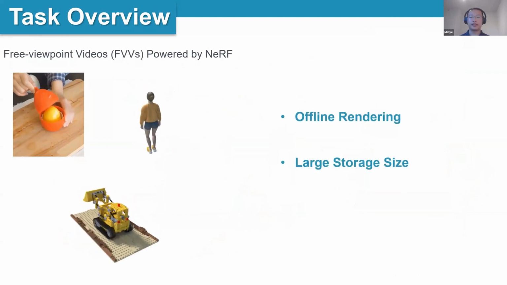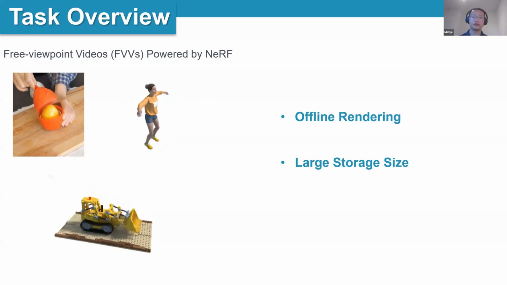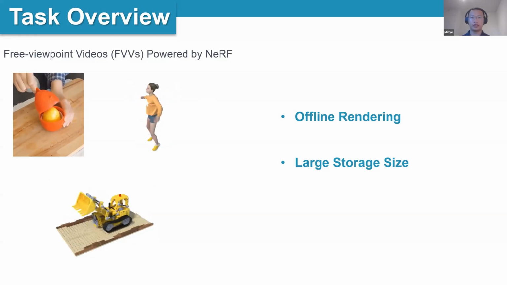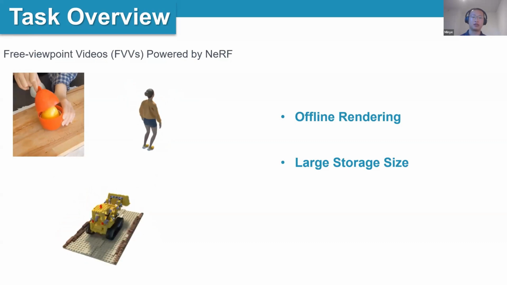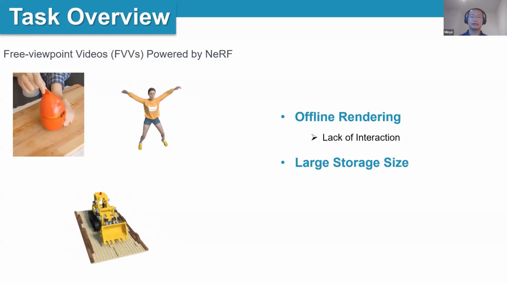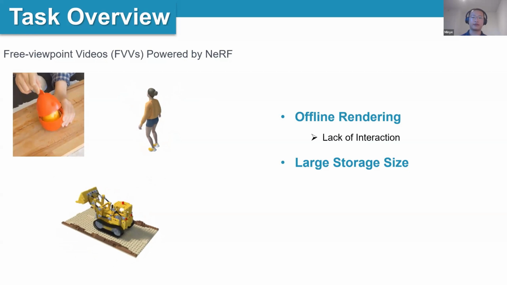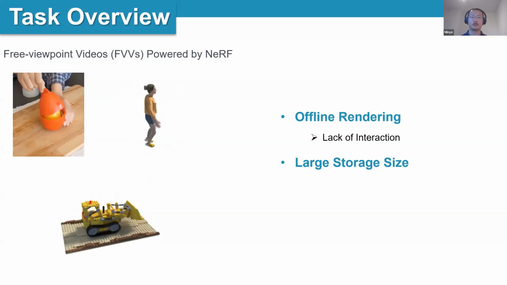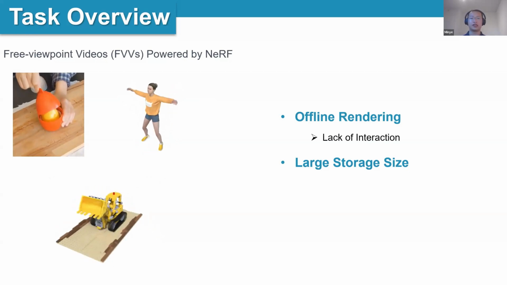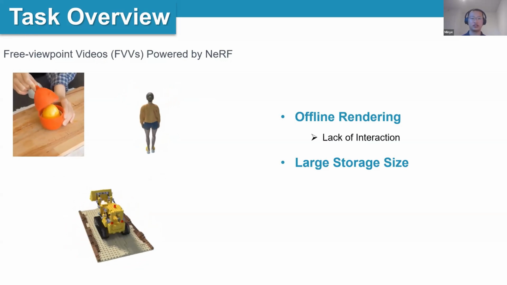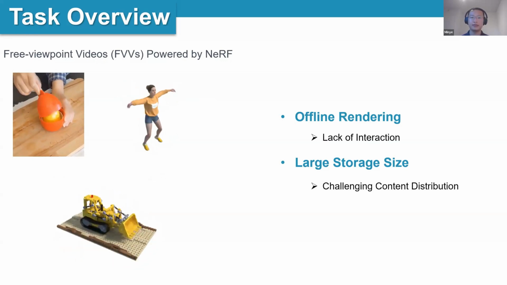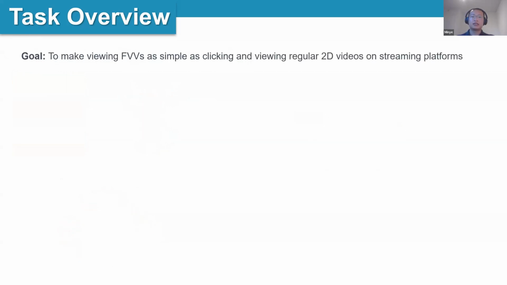Current neural rendering techniques for free viewpoint videos are limited to offline rendering and require extensive storage. This means users cannot interact with the viewpoints in real time, and distributing such large data is a challenge. So in our work, we aim to make viewing free viewpoint videos as simple as streaming regular 2D videos.